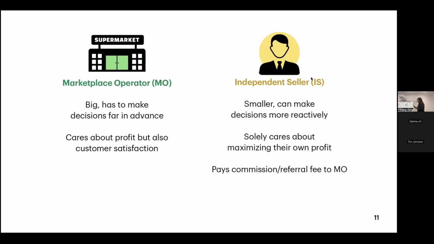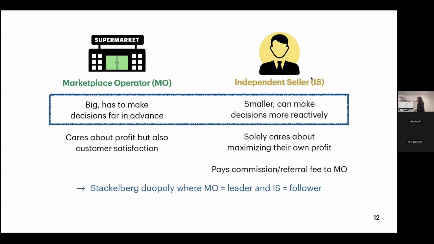The independent seller, on the other hand, tends to be smaller and can make decisions more reactively. They solely care about maximizing their own profit. And since they're selling at the marketplace run by the operator, they will pay a fraction of their revenue to the marketplace operator.